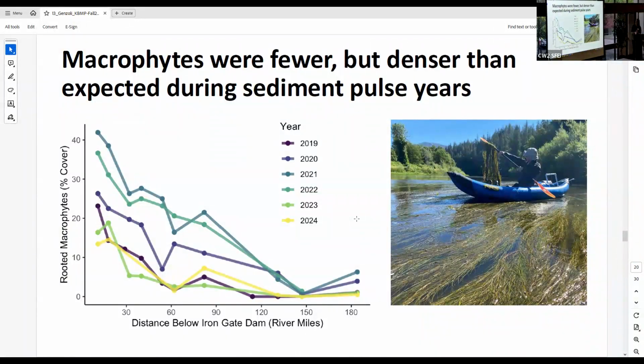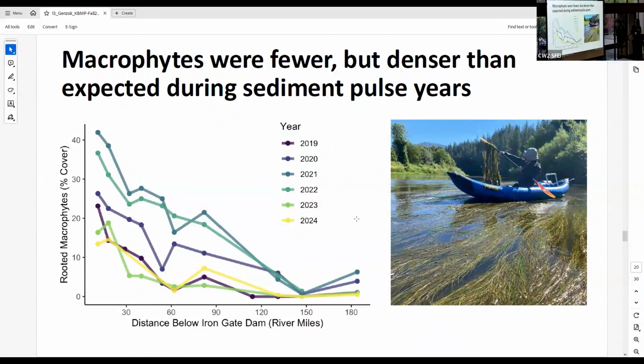But these expectations were not met as solidly as I had expected. This is a picture of John surveying at Happy Camp with me last summer, where there were just crazy thick macrophytes growing. Macrophytes were overall fewer than the previous 4 years, but they were so much more dense than I expected with this big sediment pulse.